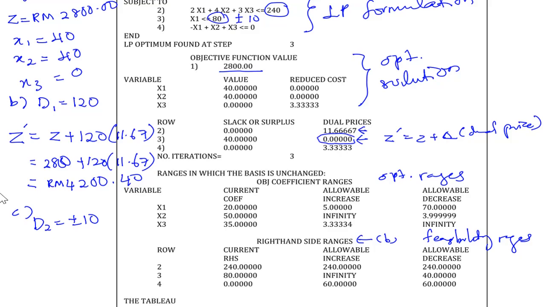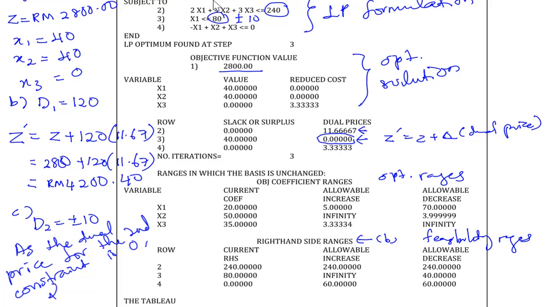So whether you increase or decrease the right hand side value here, there will be no effect. As the dual price for the second constraint is 0, there is no effect.